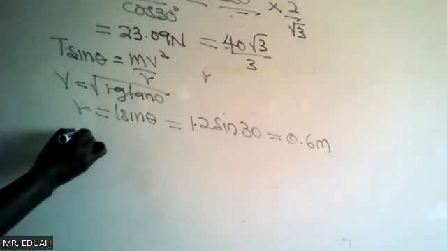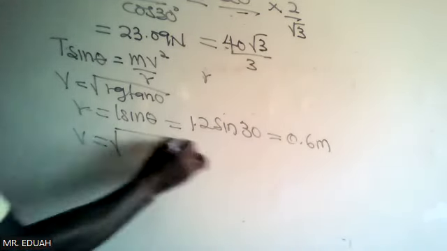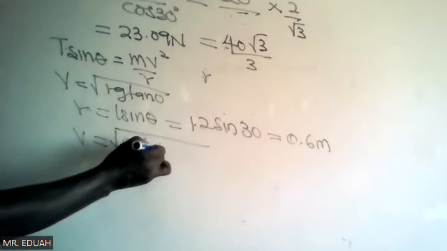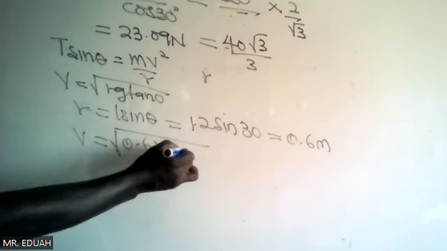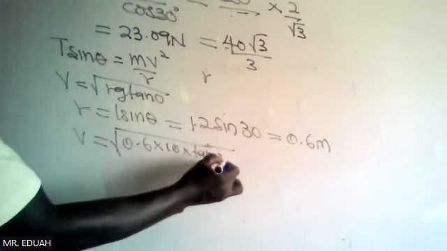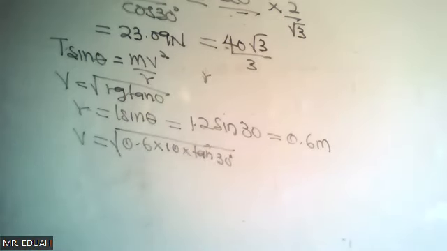Therefore, v is equal to root of 0.6 times 10 times tan of 30. Tan 30 is equal to 1 on root 3, which is root 3 on 3.